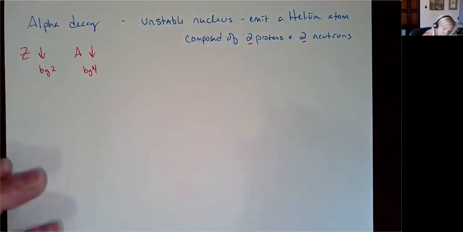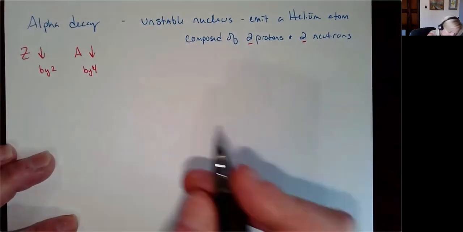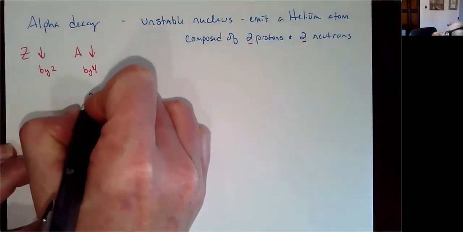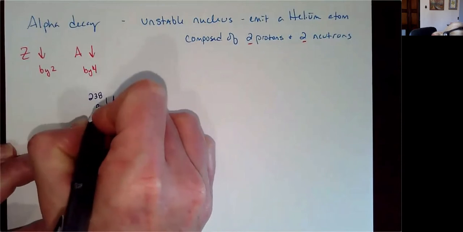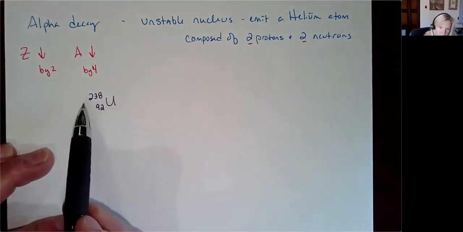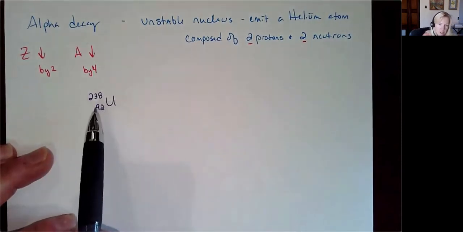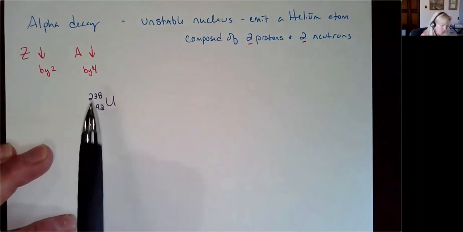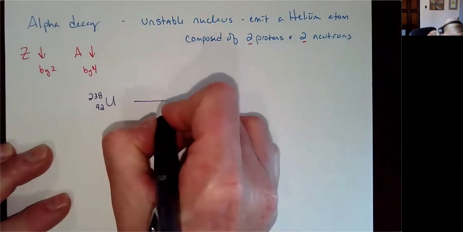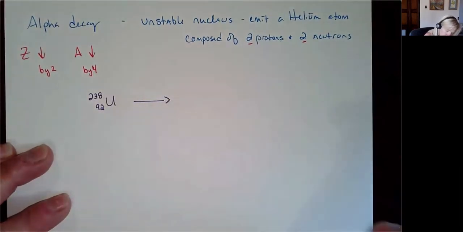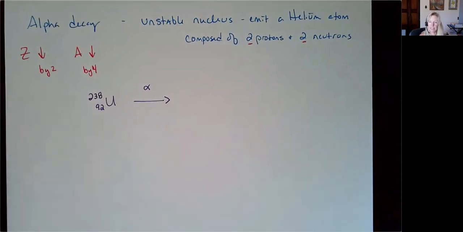So uranium-238 undergoes alpha decay, and it looks like this. This is an isotope of uranium, and it happens to weigh 238, so I'm going to refer to this as uranium-238, meaning that's the nuclide 238 for uranium. It's going to undergo alpha decay, so I could write alpha over my arrow here to indicate that that's what's happening.